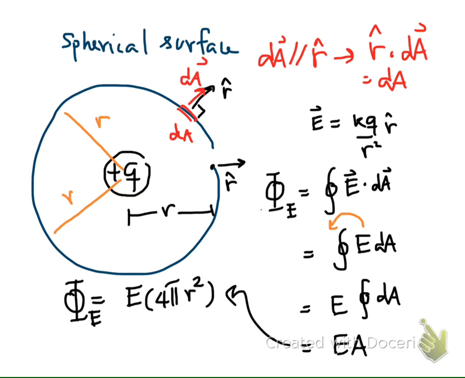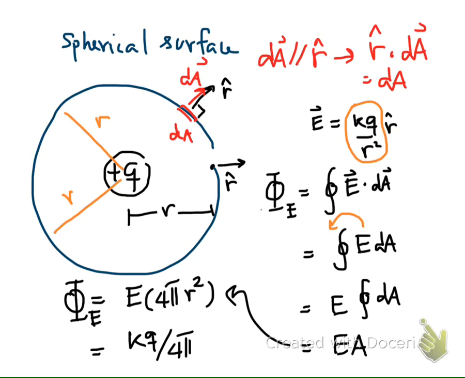But from the Gauss law, if I substitute the magnitude of the electric field into this equation, I will have that this is equal to KQ times 4 pi, because this r squared cancels with this r squared.